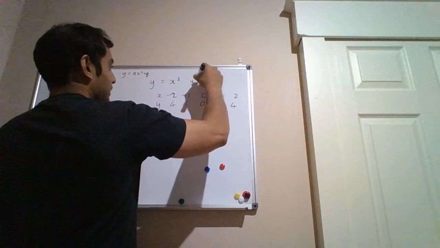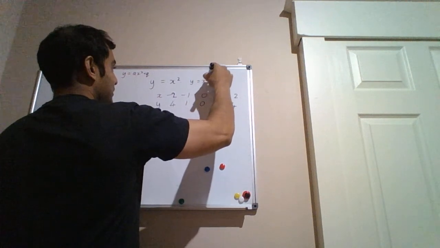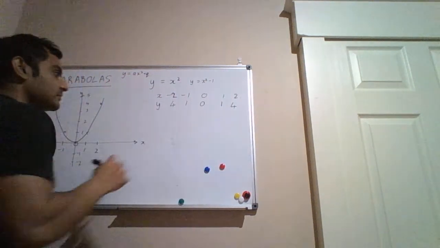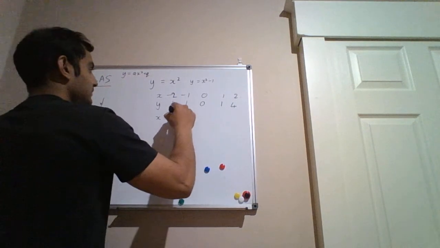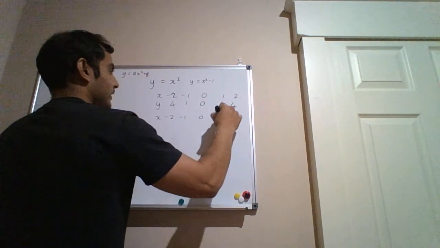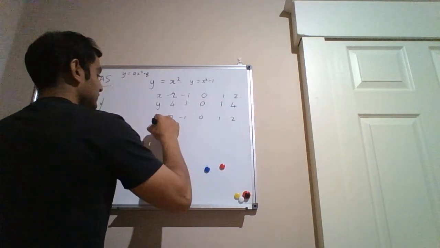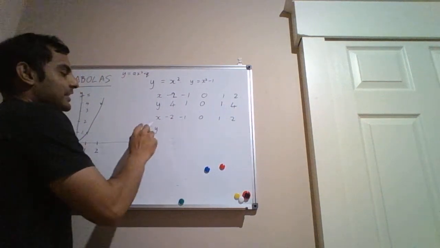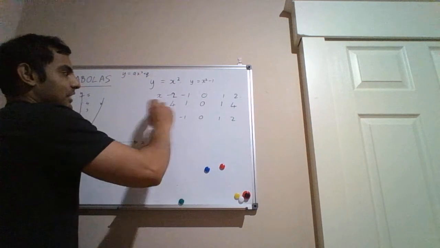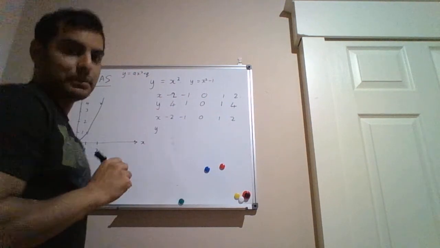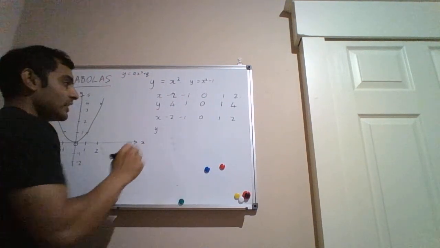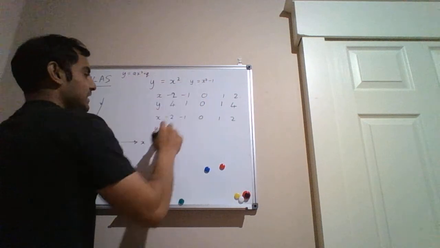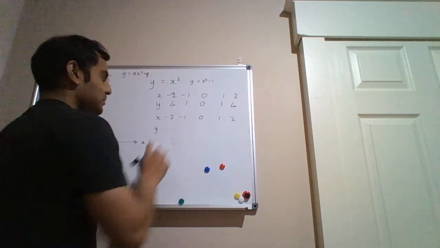So now let's look at the graph y equals x squared minus 1. So we're going to graph this, and we're going to use the same x values as for the standard parabola. So our equation is now different. It's x squared minus 1.